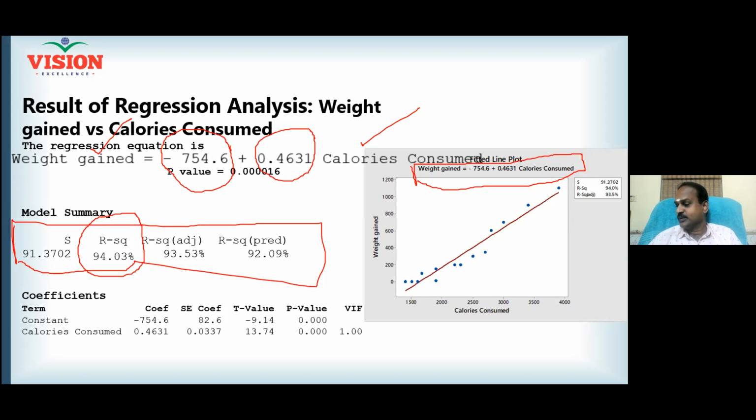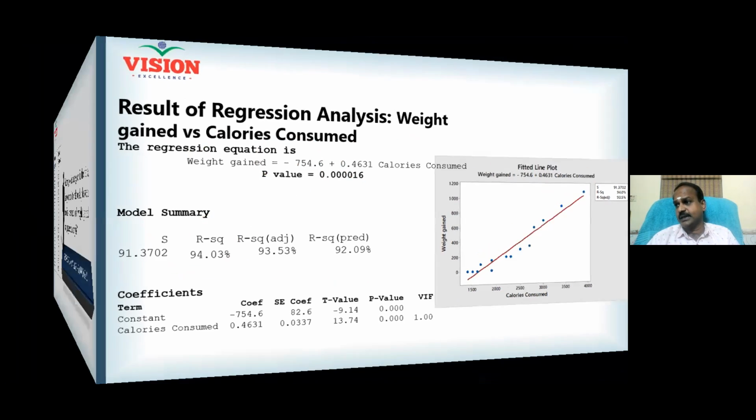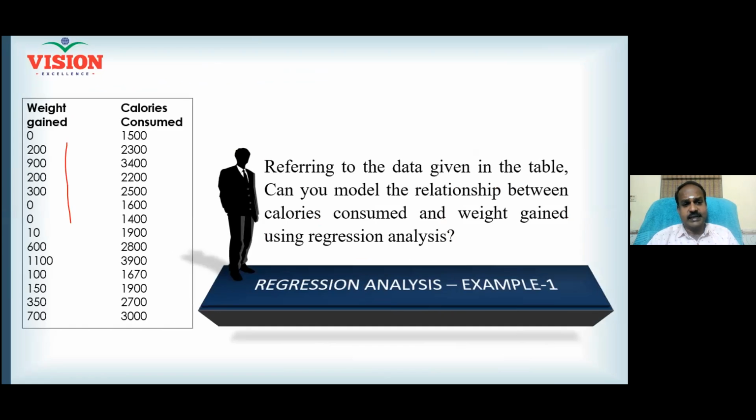Please note, you must use statistics very wisely. You must use any knowledge very wisely. Whatever statement I am making is true only for the population from which the data is collected. See here, when I go back, these data came from this person.